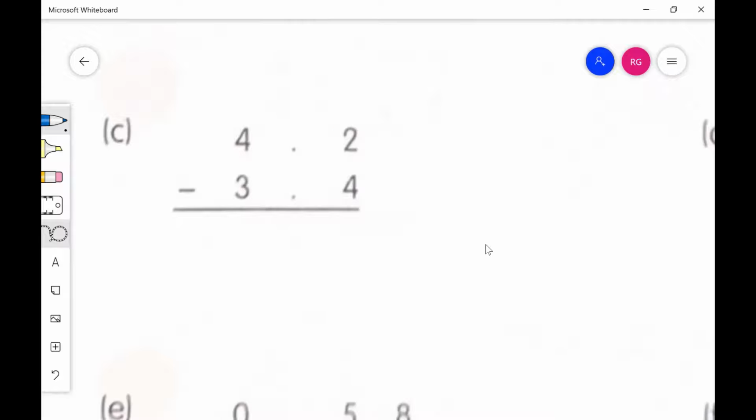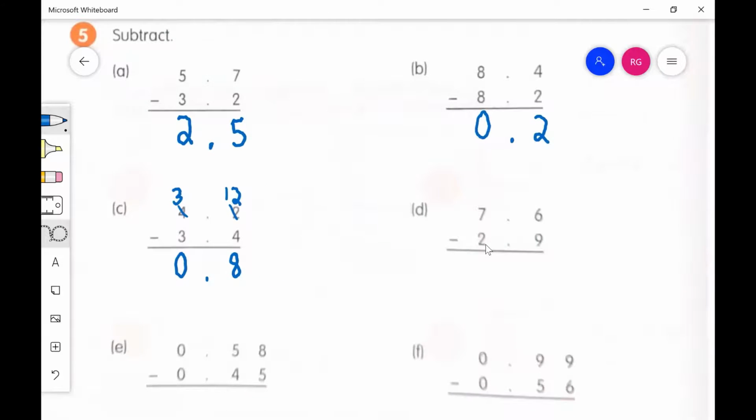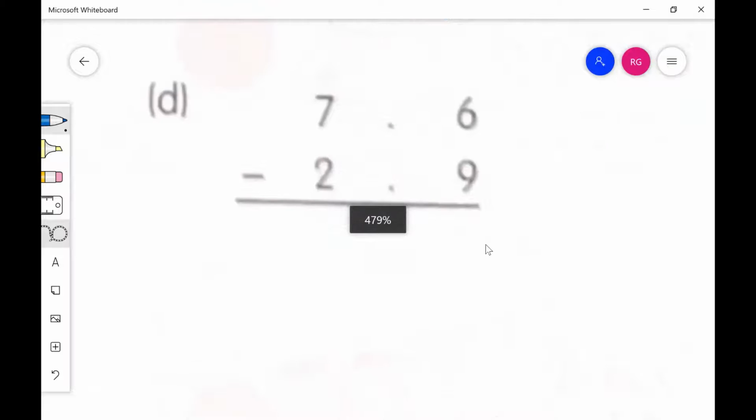We need to borrow from the ones place. So this is going to become a 3. This becomes a 12. And I see quickly there that that is 8. And this is going to be 0.8.